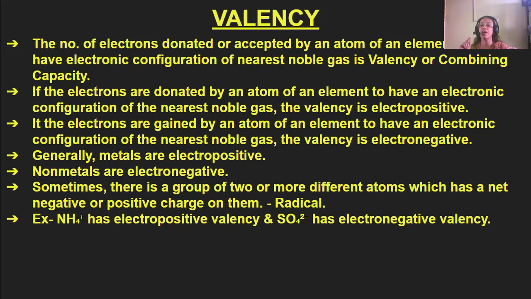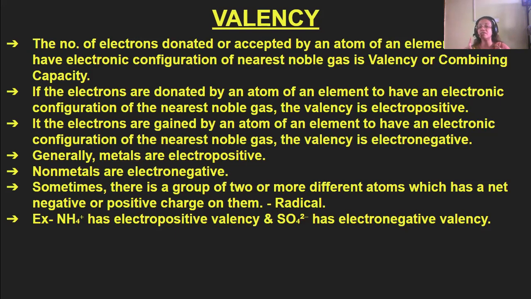For example, NH4 plus. So NH4 plus means what? Nitrogen is there, hydrogen is there, and they have a positive charge on them. So it's an electropositive radical, having two different atoms forming a compound, but it behaves like a single atom having a single electropositive charge.